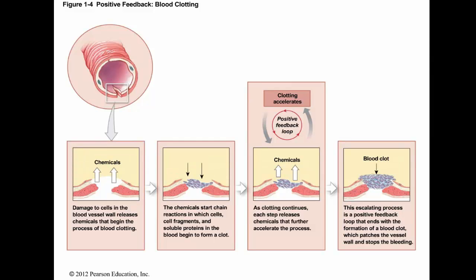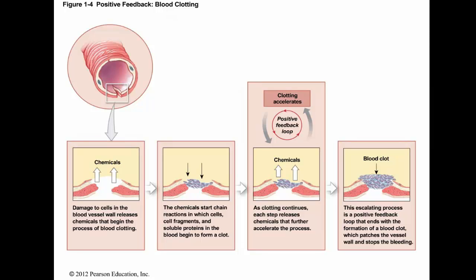What happens first is that cell fragments that are circulating in the blood are drawn to the hole and will try to plug the hole in response to the change in chemicals. As the clotting continues, each step releases a set of chemicals which further accelerates the process. This is what is known as the clotting cascade, and we talk about it later in the semester.